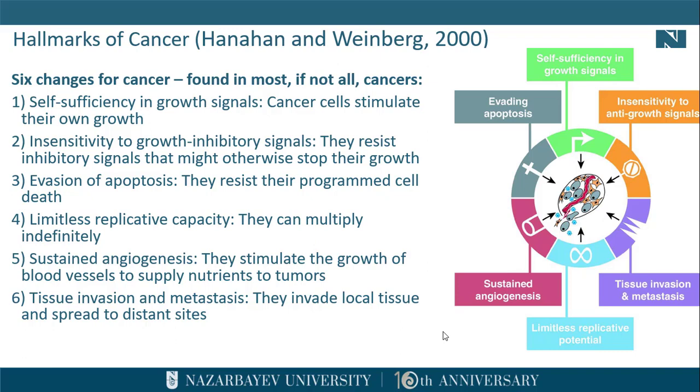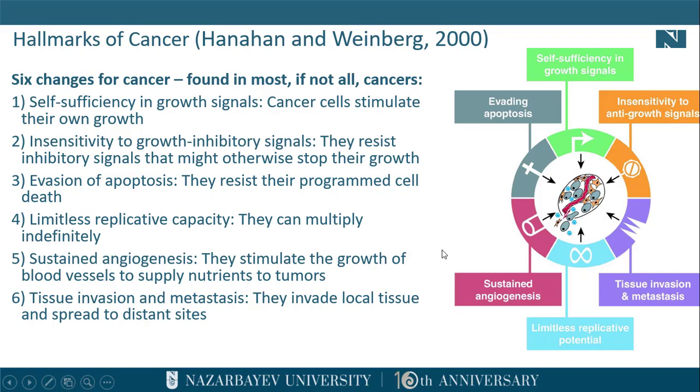So for the cancer type here, it needs to have 6 characteristics. First, it's self-sufficiency in growth signals. It means that cancer cells do not depend on any growth factors or hormones to maintain their growth. It is completely independent to promote its cell growth.